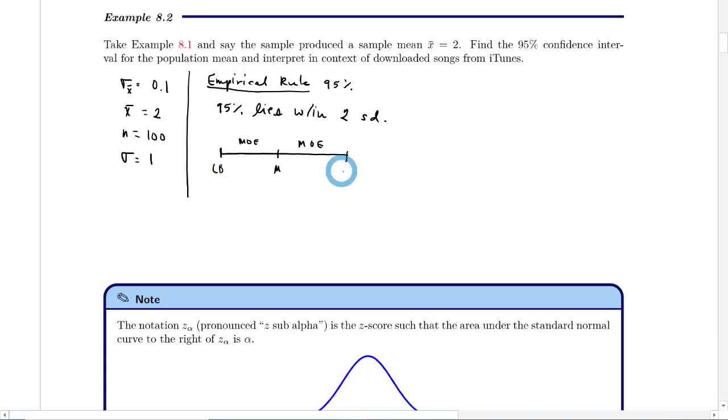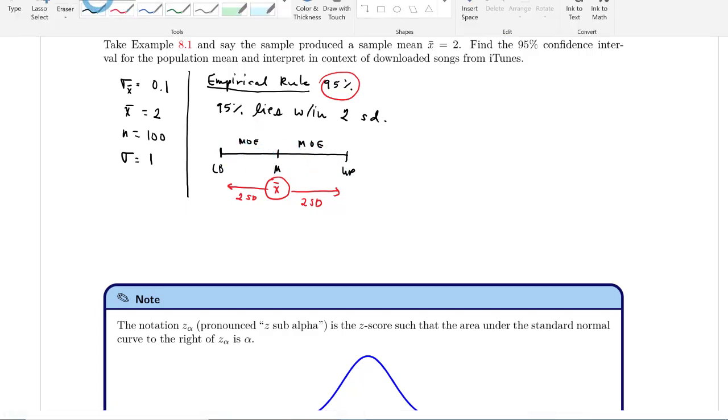And this is a lower bound, and here's the upper bound. Well, because we're taking so many samples, we're saying that if 95% lies within 2 standard deviations, then we can say X bar is 2 standard deviations away. So I can take the sample mean and add and subtract 2 standard deviations because I'm looking specifically at 95%, right? And then I would say, well, that means that I am 95% confident that the population mean will lie within this range of values.